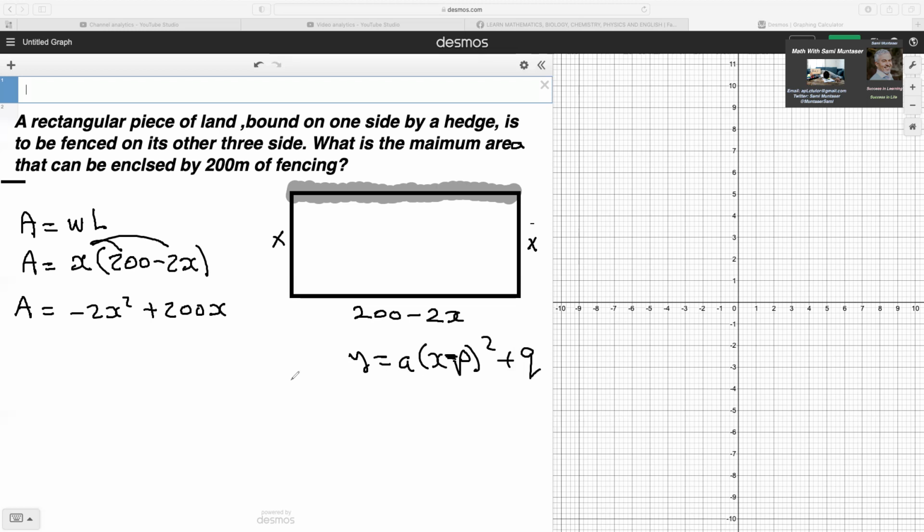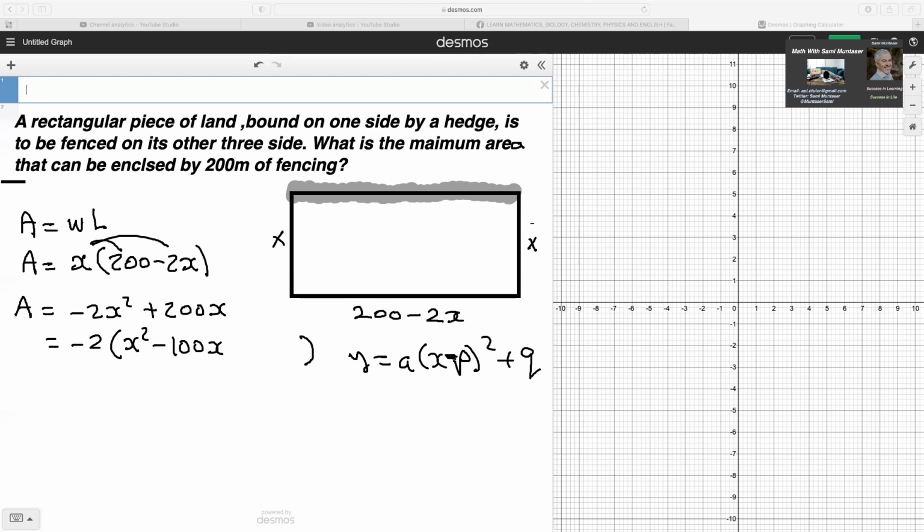Once we change it to that, we'll graph it and I'll show you how to look for your max and min. So to do this, we have to complete the square. To complete the square, we take out the -2 and put x squared in here. Taking out -2 from here will make that -100x. Now we're going to complete the square.